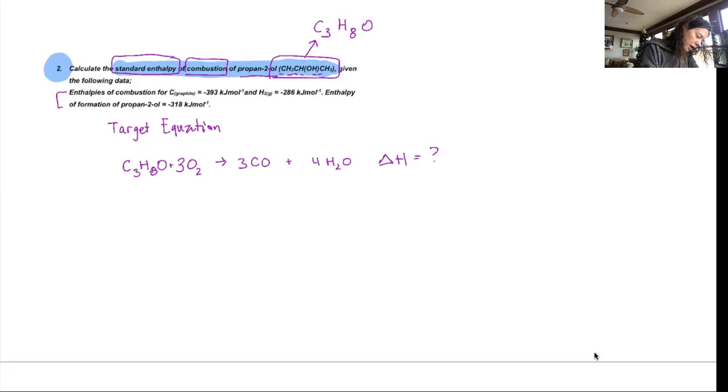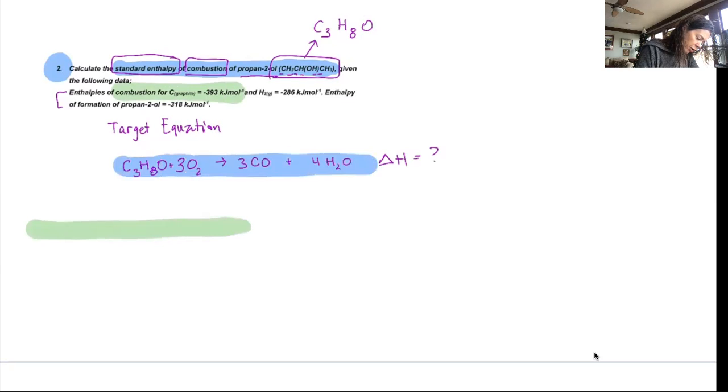Let's look at what we're given, guys. We are given, let's start with something green, the combustion for graphite. So let's write that equation right here, and we'll keep everything organized. This is our standard enthalpy of propanol, our target equation. Let's write the combustion for graphite.